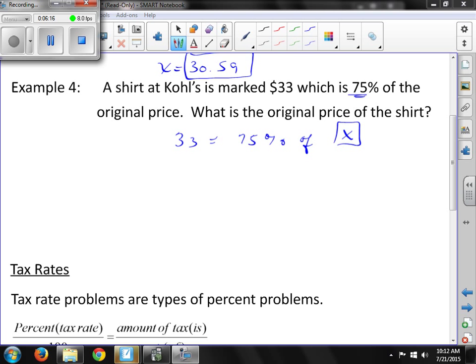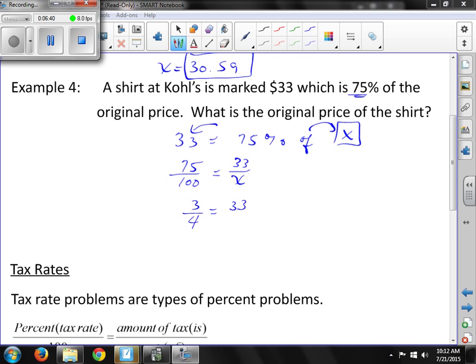33 is, the percent goes over 100, so we have 75, which goes over 100, and the is 33. The of is what we're looking for, that's X. I think I'll reduce this 75 over 100 to 3/4, and then it'll be a little easier.